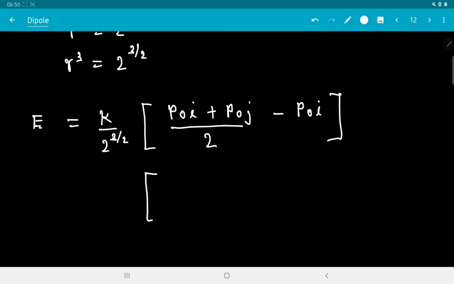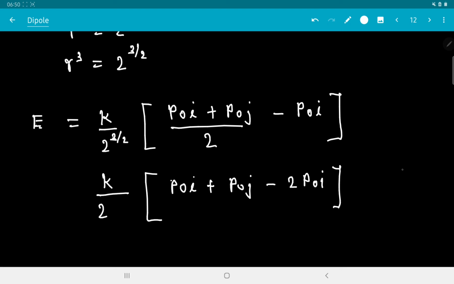Now we can solve this. We'll get p naught I cap plus p naught j cap minus 2 p naught I cap. This 2 we will take outside, so we'll get 2 raised to, okay, that means we'll have to add this. We will get 5 by 2, 2 raised to 5 by 2.